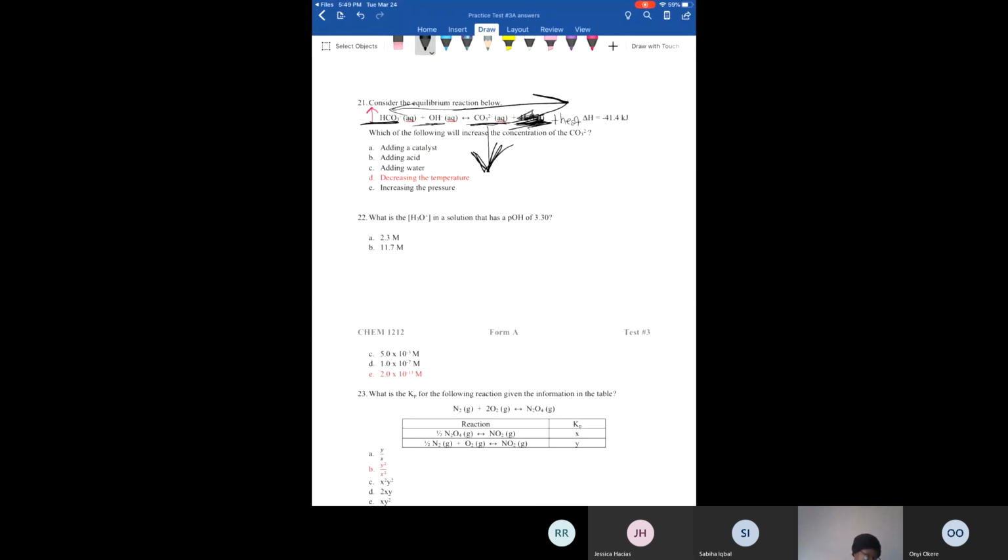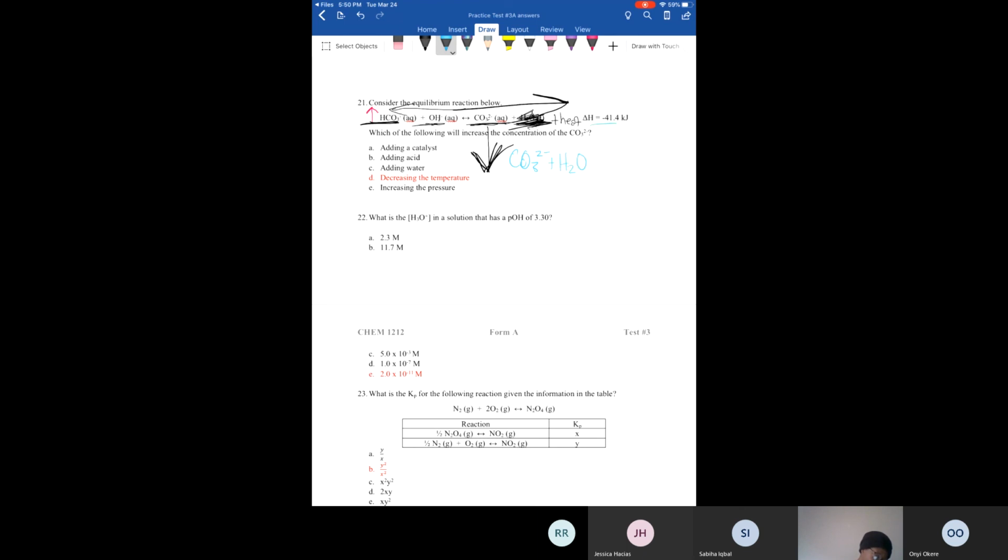Adding acid, yeah. This is a stronger base than OH minus. I think that's the explanation I should have gone with. You can tell because OH, that's actually not true. Ultimately, I guess if it was written differently, I'd have an easier time explaining this.